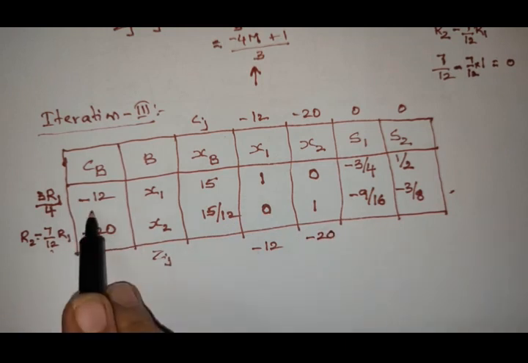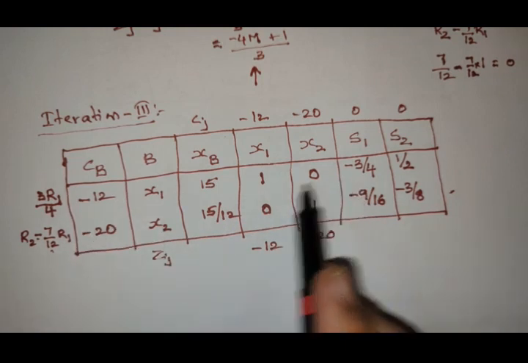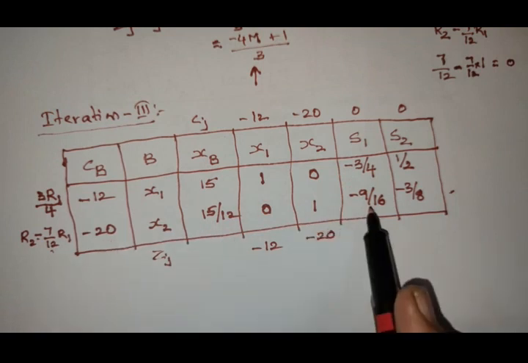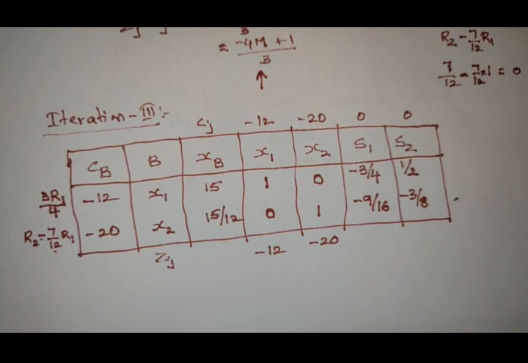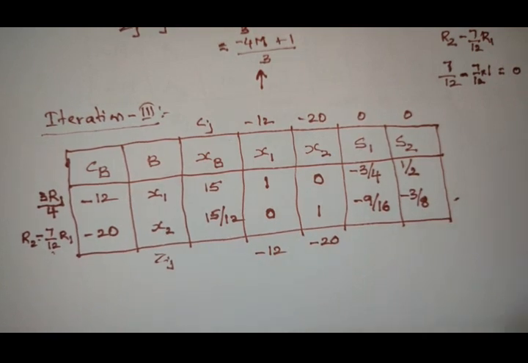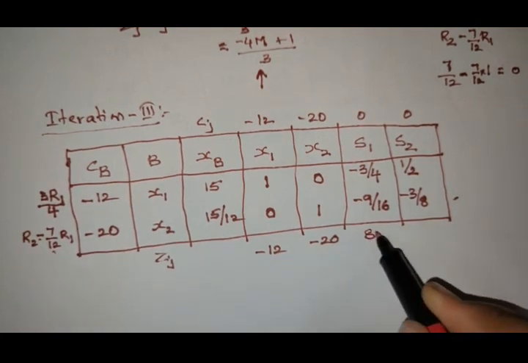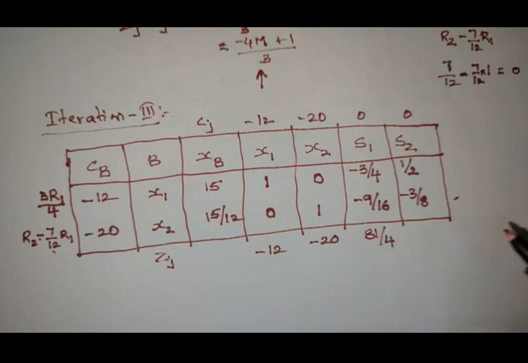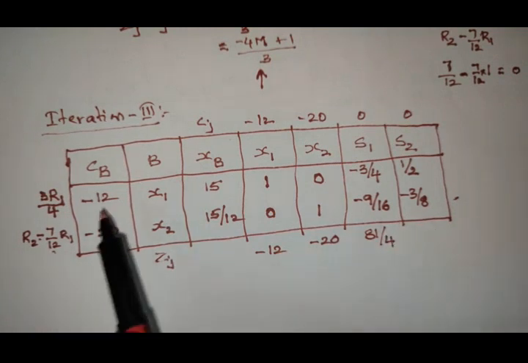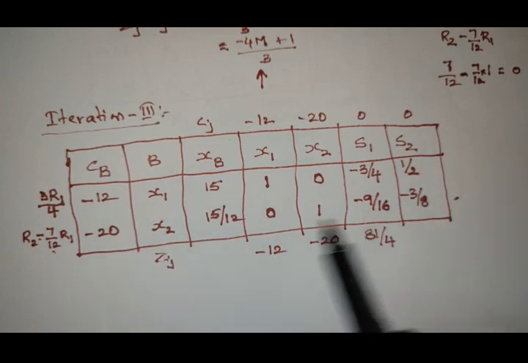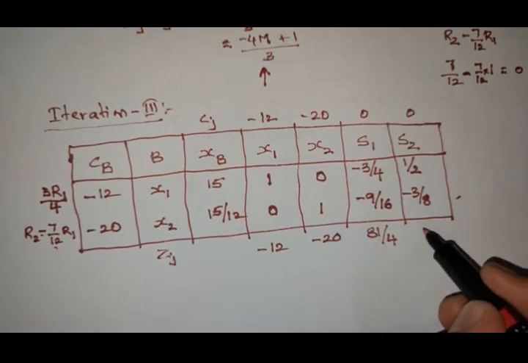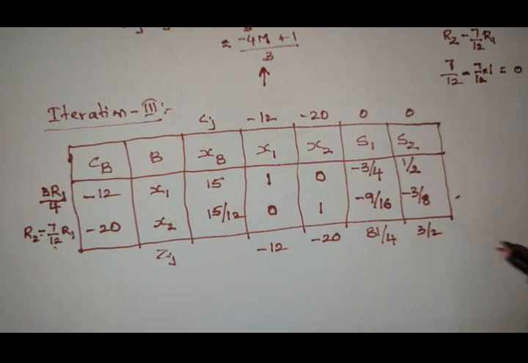Next, minus 12 into minus 3 by 4 plus minus 20 into minus 9 by 16. How much will we get? We will get 81 by 4. Next, minus 12 into 1 by 2 plus minus 20 into minus 3 by 8. How much will we get? We will get 3 by 2.